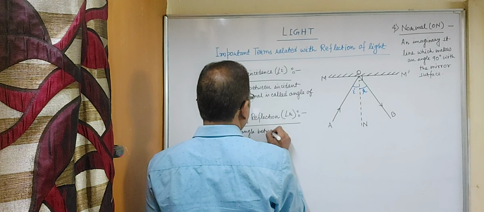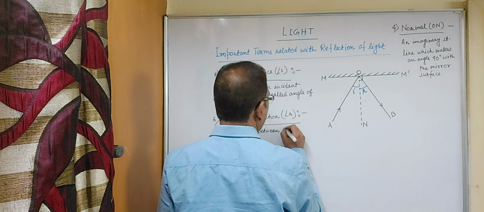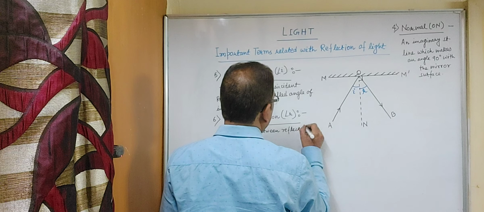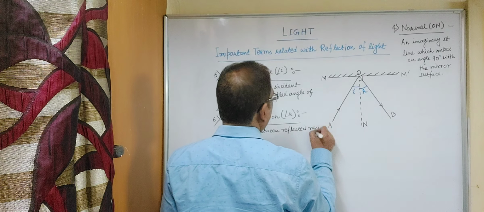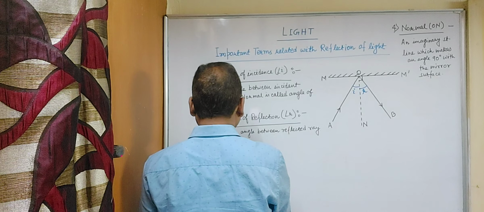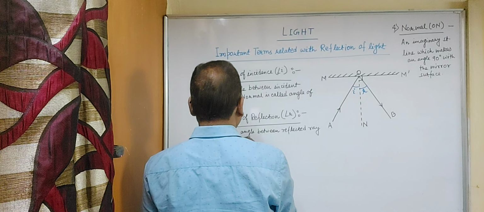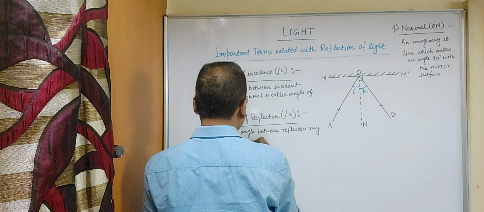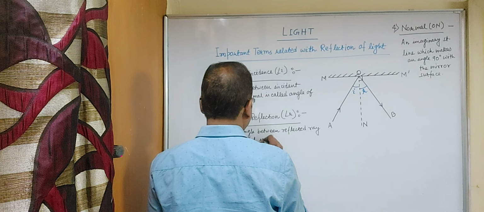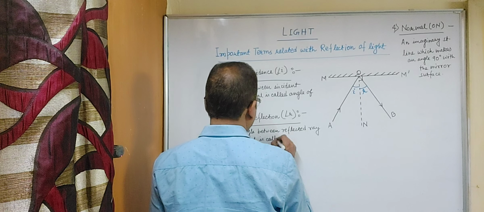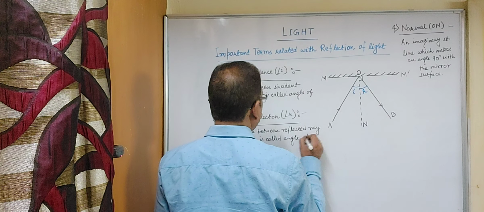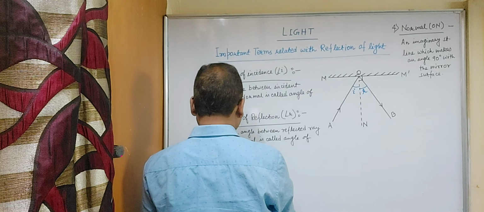The angle between reflected ray and normal is called angle of reflection.